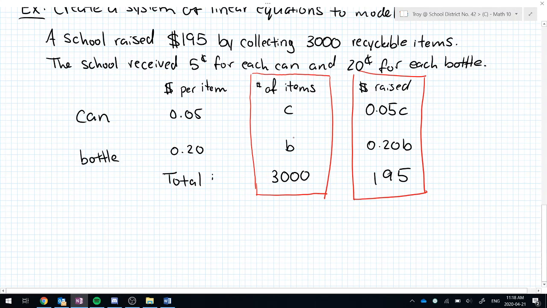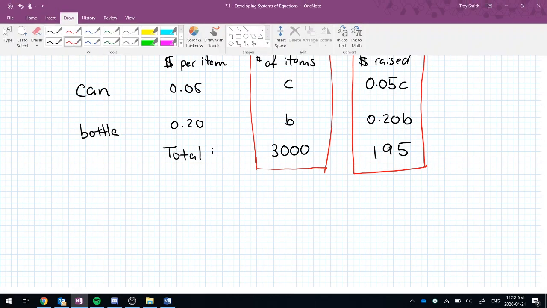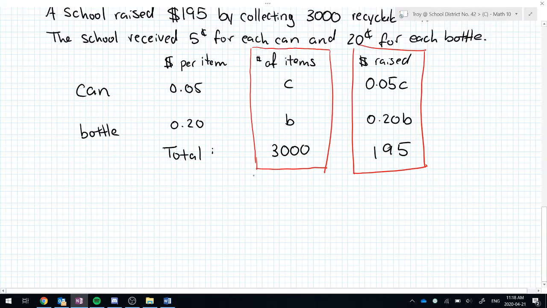Although we don't know exactly how many cans and bottles the school recycled, whatever C is and whatever B is, when we add them together, they have to equal 3,000.